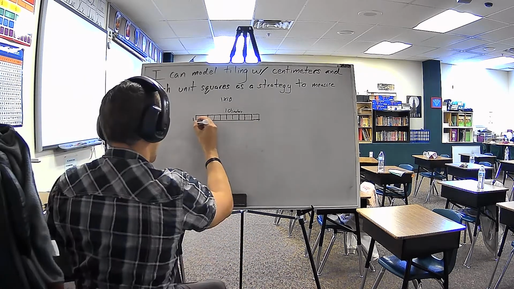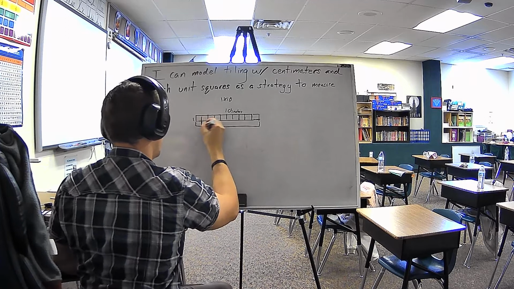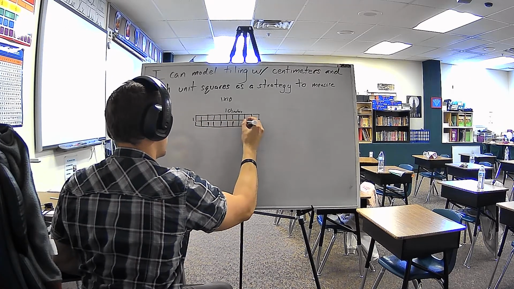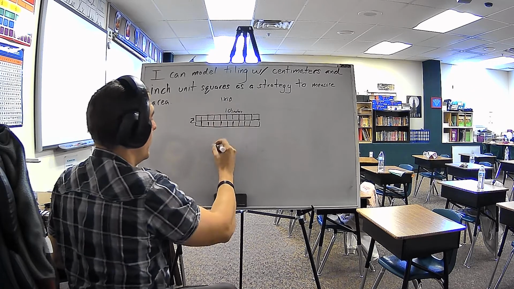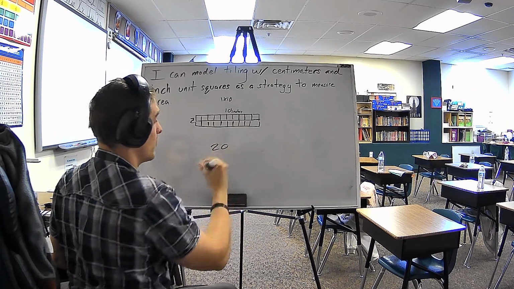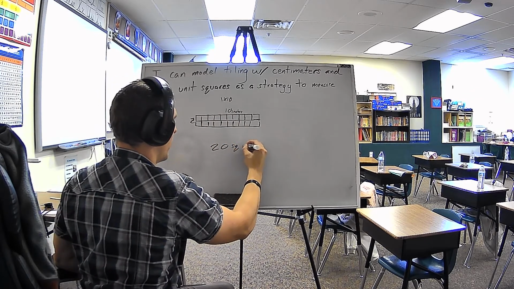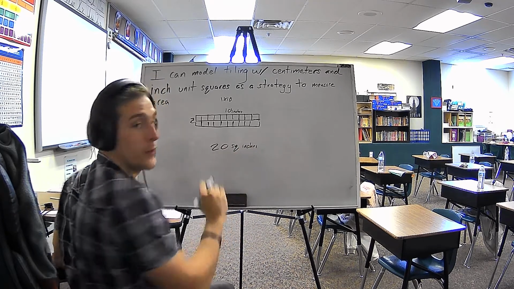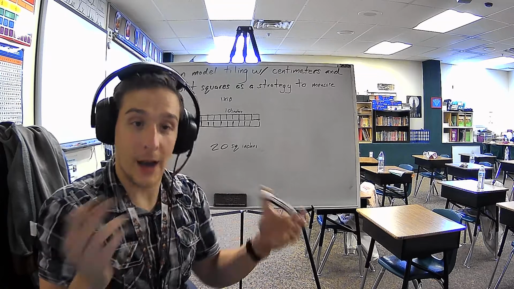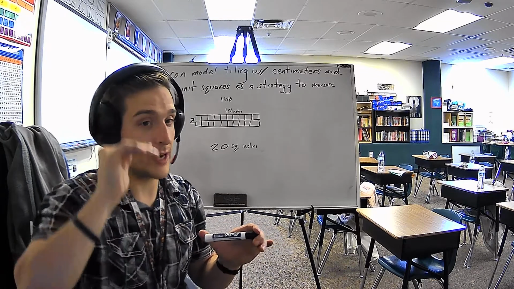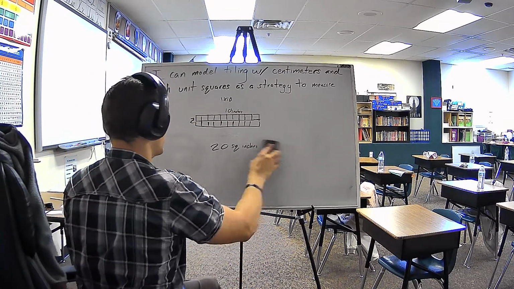Now, hypothetically, if I doubled that, like this, then I would have 2 rows of 10, which means the area would be 20 square inches. And SQ is just short for square. Keep in mind that it goes exactly like an array. You just go down the line and multiply both sides by each other.